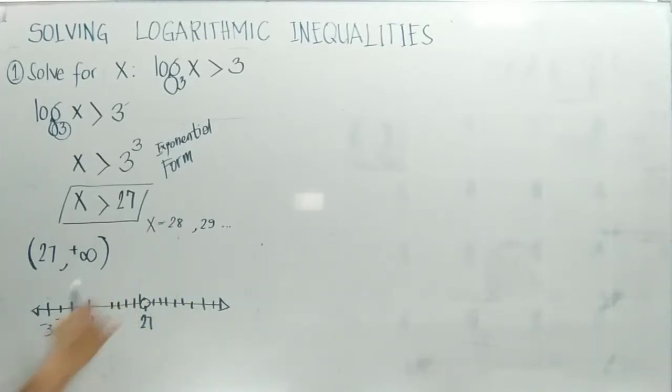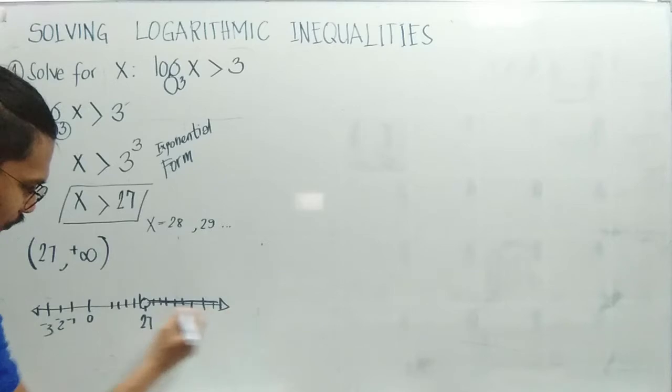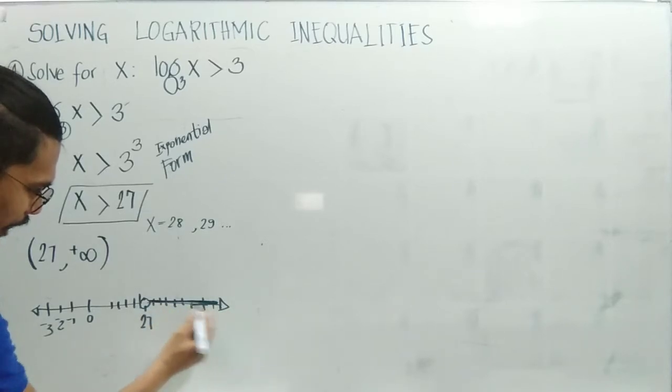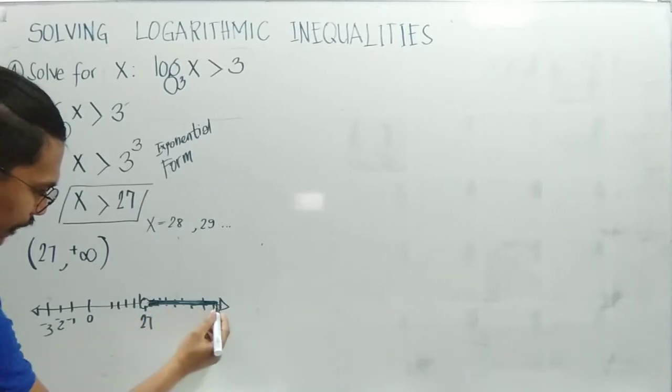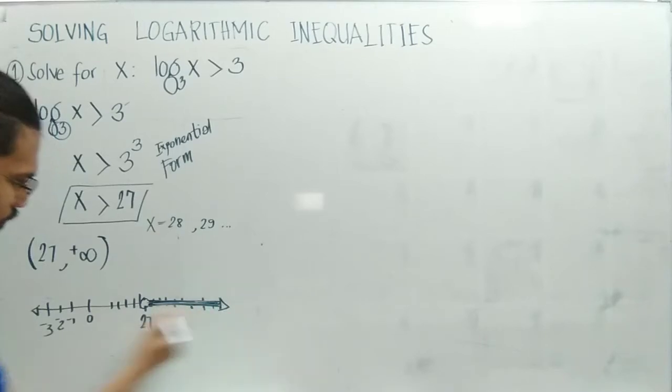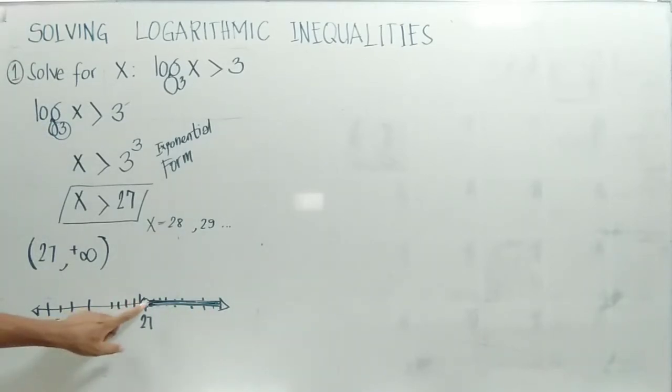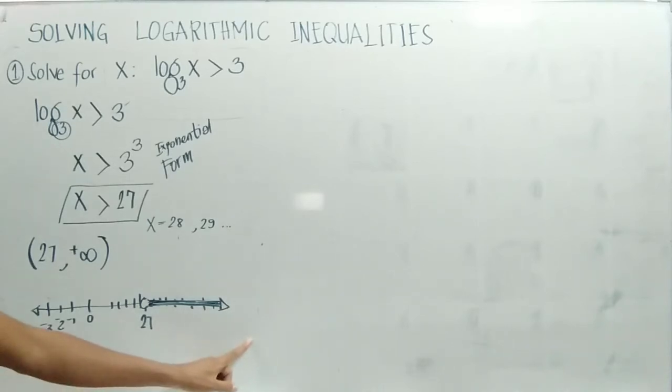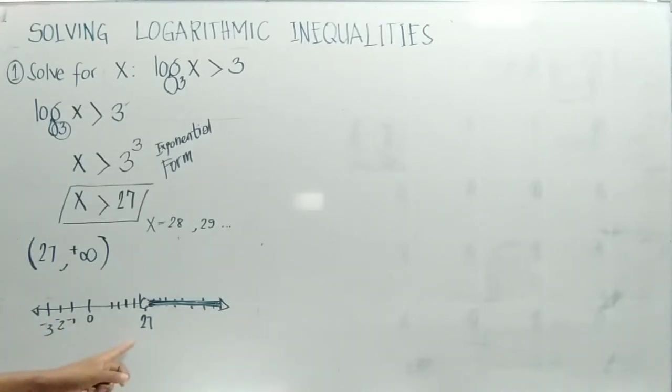So we have there a null or open circle for number 27. Then we have this graph, a line graph that denotes your solution set from 27 until positive infinity, where 27 will not be included, okay, because of this one.